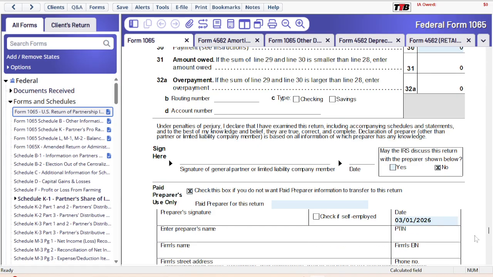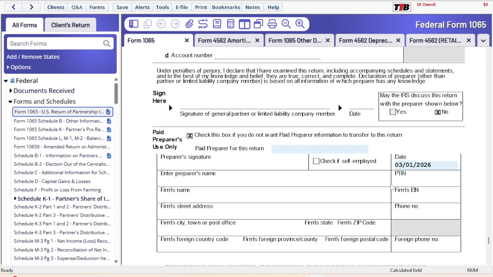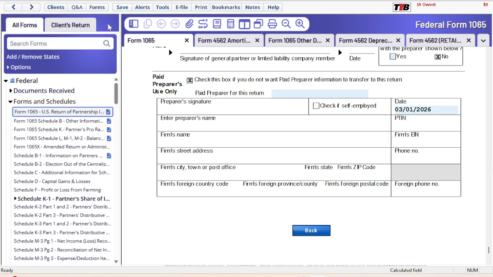And if you are a tax preparer and you and your client want IRS to discuss this specific tax return with you, then yes will be checked, and this one won't be checked, and your PTIN and business information as a tax preparer will be in here for the paid preparer use only section. But when you are filing for your own business, this area will remain blank, and that's why those areas are checked as well. So we are going to save our information here, and that is 1065.